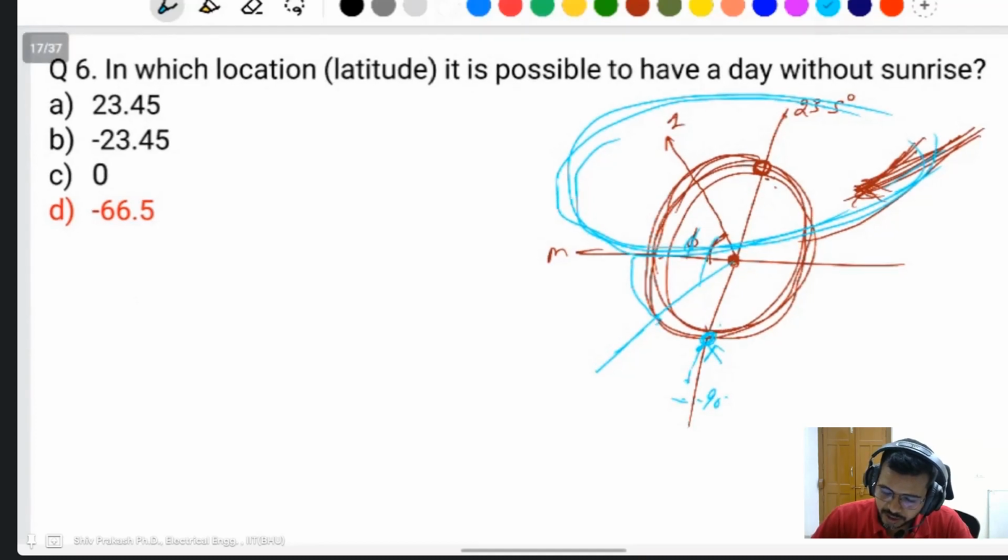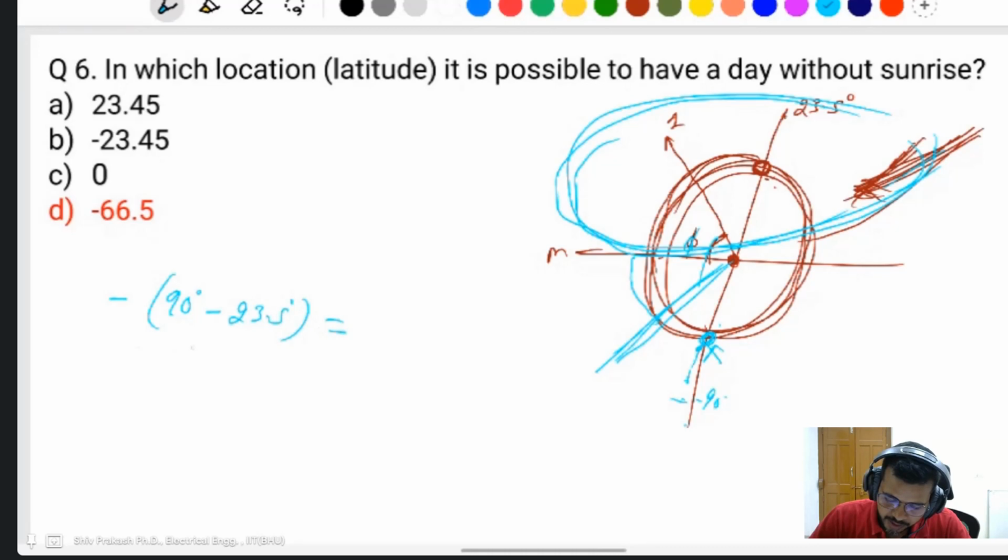Then the sunset occurs at minus of 23 degree beyond this one. It means this will be 90 degree minus of 23.5 degree. This will be the without sunrise region, of course 66.5 degree. It will be minus 66.5 degree to minus of 90 degree.